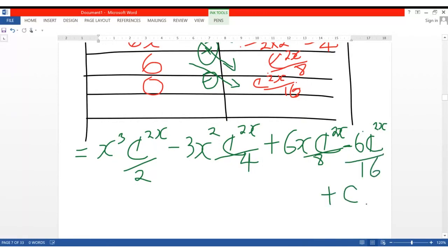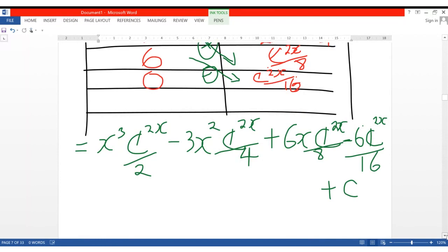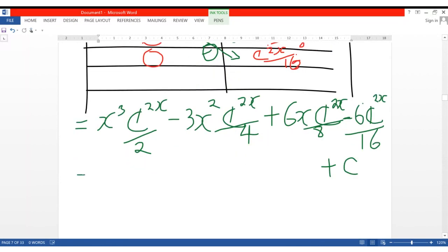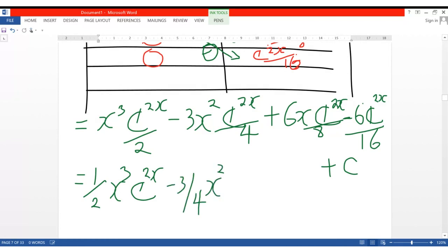Now it is your task to simplify. So this one I can write as a half x to the power 3 exponential 2x, minus 3 over 4 x squared exponential 2x. 6 over 8 I can simplify as what? 3 over 4 x exponential 2x.